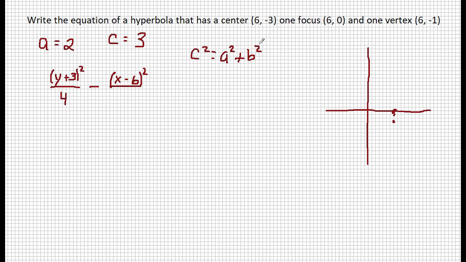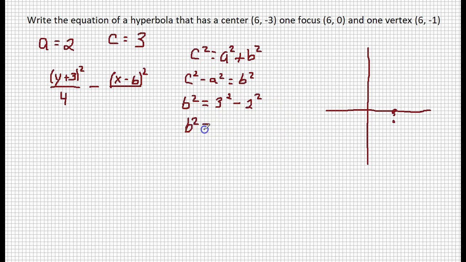Well, if I subtract a squared from both sides, I have c squared minus a squared equals b squared. I like writing the b squared on the left, so I'm going to interchange. So b squared equals, and I am going to substitute 3 squared in place of c squared, minus a is 2, so 2 squared.